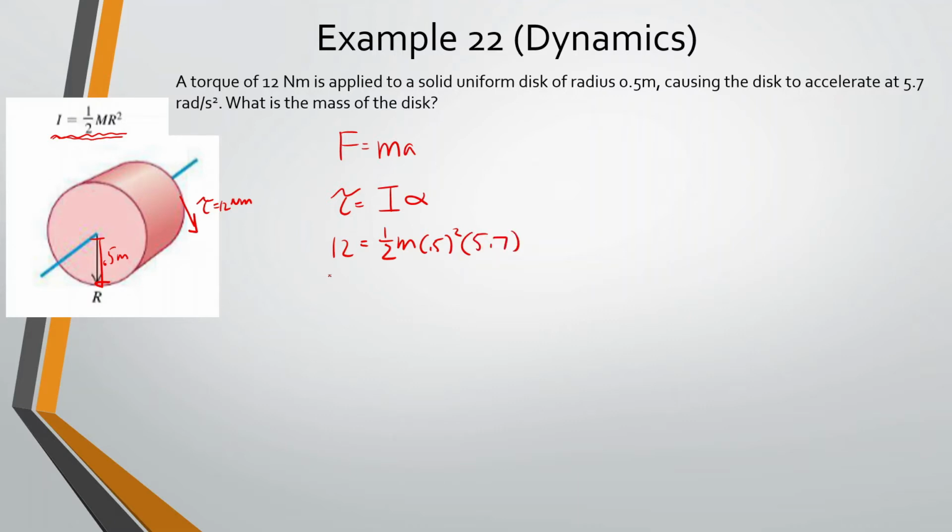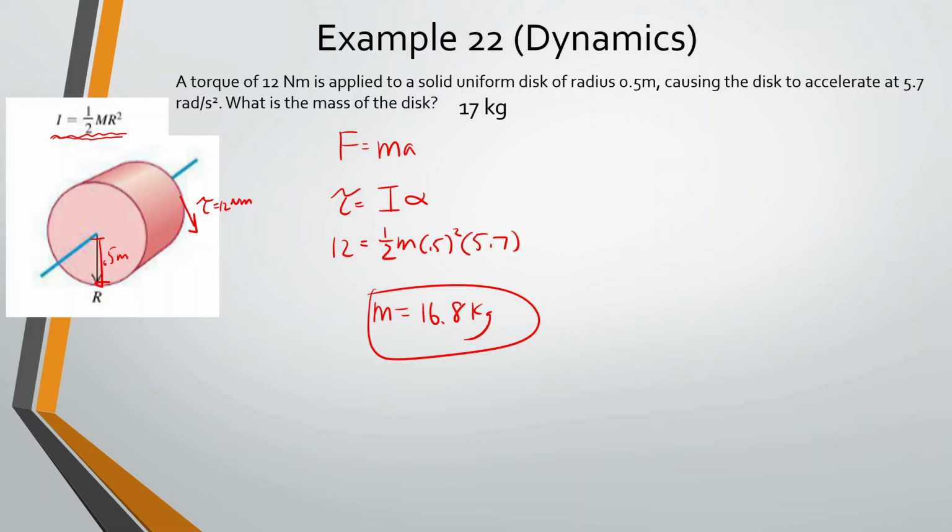So now we're going to do a little bit of algebra. 12 times 2 divided by 0.5 squared divided by 5.7, and we get m is equal to 16.8 kilograms. Okay, that simplifies to 17 kilograms, but that's how you do it.